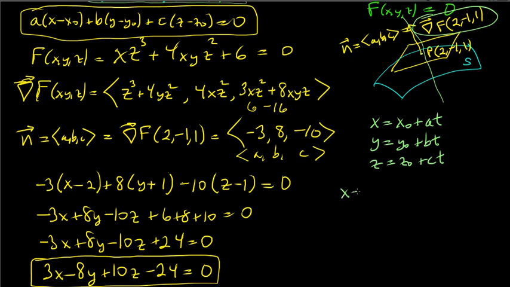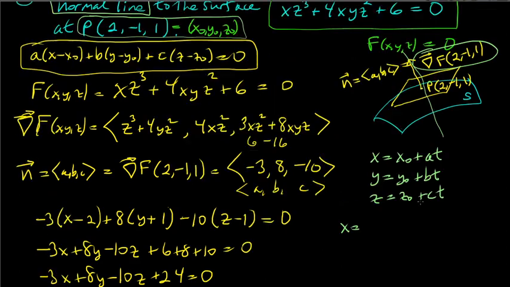So x is going to be x0, that's 2, plus a times t. A is negative 3. Of course, there's nothing magical about these numbers here. If you want to multiply them all by negative 1 and get a vector in the opposite direction, that's fine too. But I guess I'll stick with these numbers here.